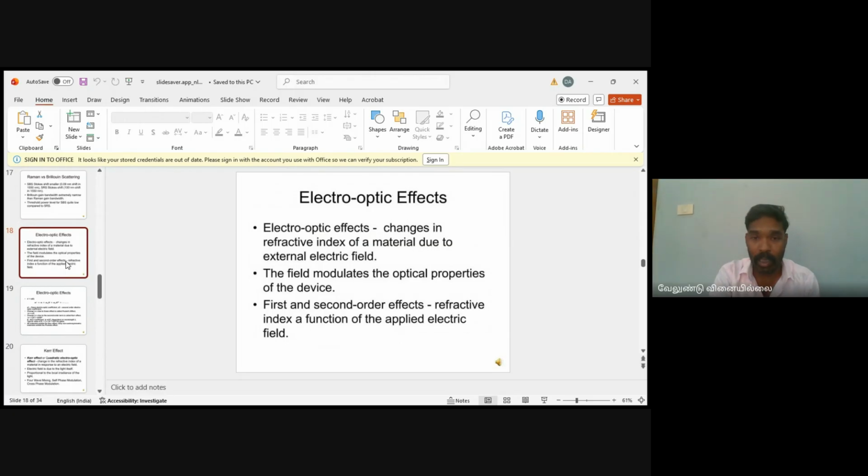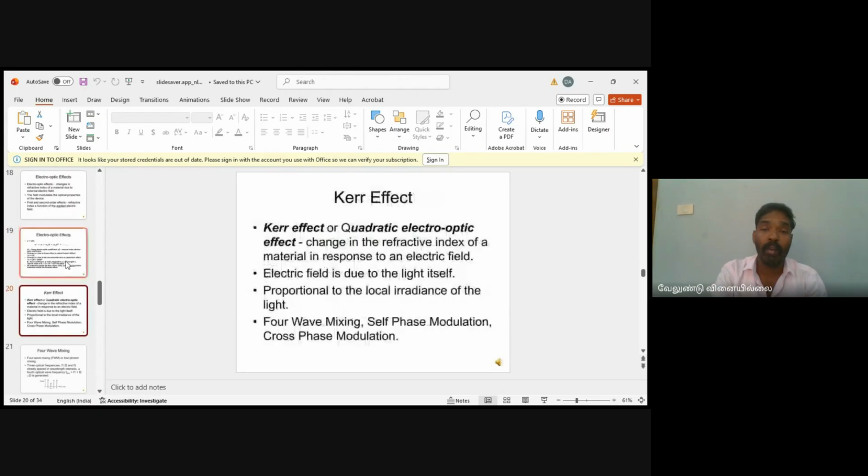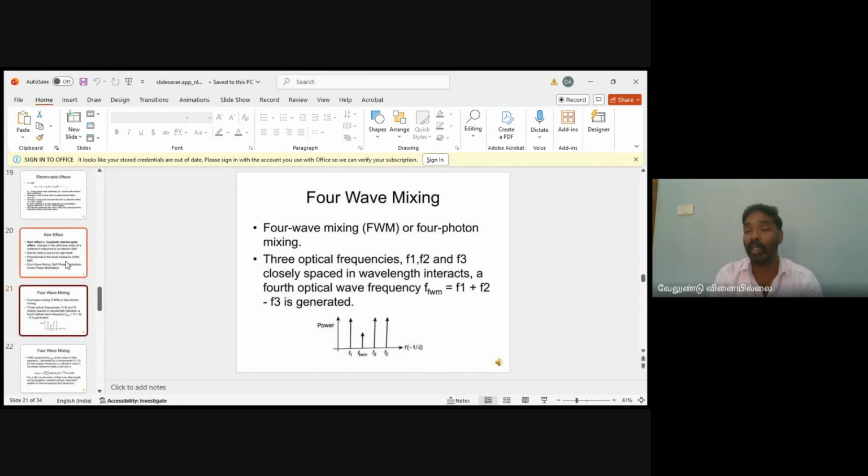Electro-optic effect means when the optical system is under electricity, the refractive index changes. What is four-wave mixing? Anyone? Alan? What is four-wave mixing?